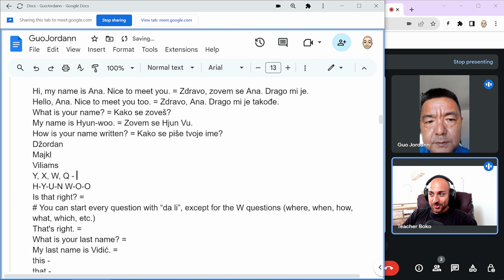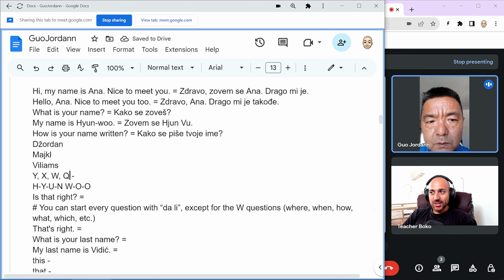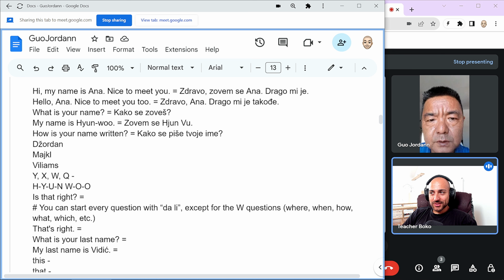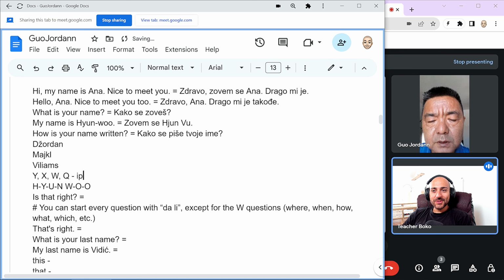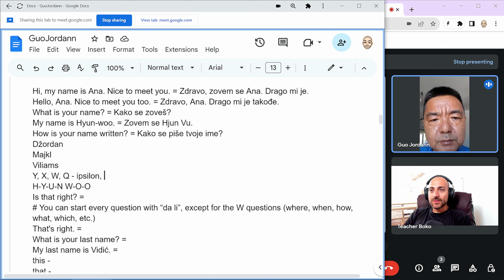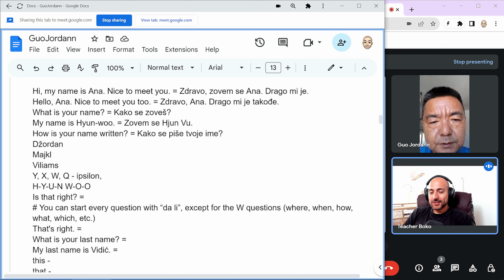In that case, you should know how to say it, so here I want to show you how we call these letters. The Y, in Serbian we call it Ypsilon, like the Greek letter.